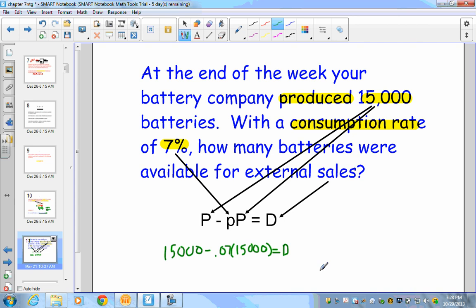It's just basically figuring all this stuff out. And so when we get our answer, our demand is going to be 13,950 batteries. All right, pretty simple.